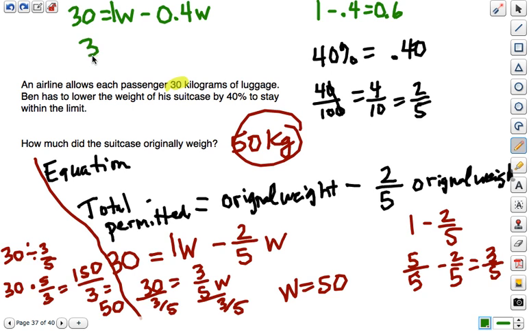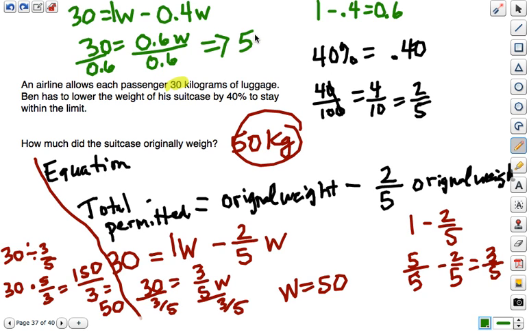Okay, so we have 30 equals 6 tenths W. All right, from here we're just dividing both sides by 6 tenths. And feel free to use a calculator for that. 30 divided by 6 tenths.